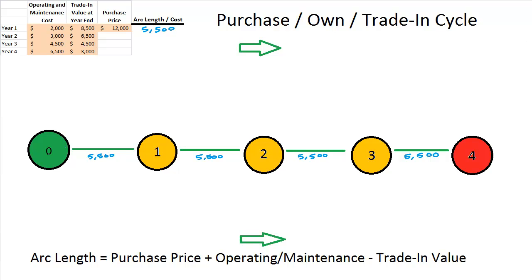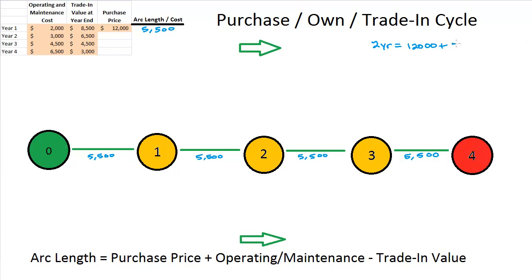Now, since we have our 1-year cycle cost, let's go ahead and calculate our 2-year cost. So we purchased at $12,000 again, plus our operating and maintenance cost is $5,000 because it's $2,000 for year 1 and $3,000 for year 2.